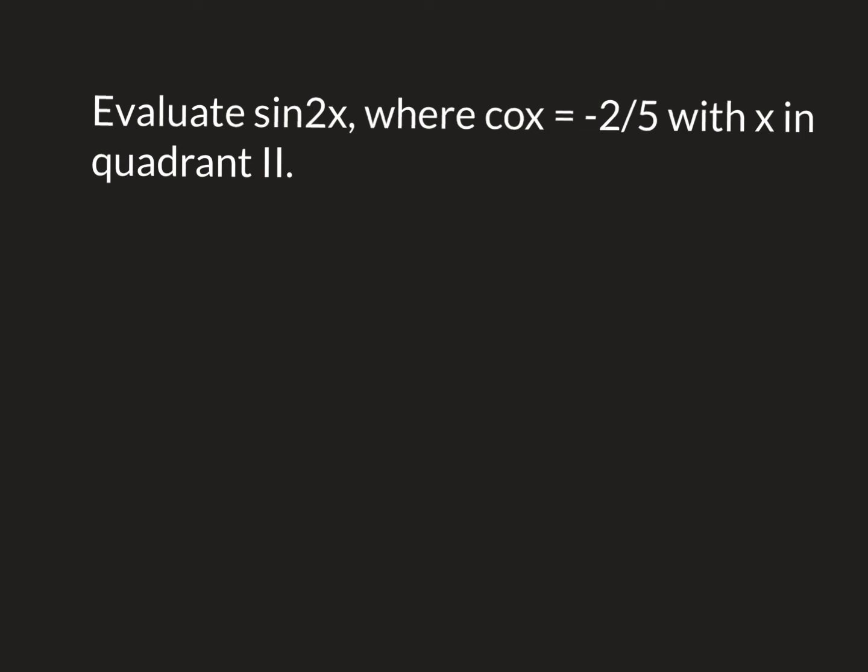All right, evaluate sine 2x, where cosine x is -2/5 and x is in quadrant 2. I forgot the word cosine there. If you're going to work out sine 2x, you must have both cosine and sine. If cosine is 2/5 in magnitude, I can do (2/5) squared plus sine squared equals 1 to figure out what sine is.